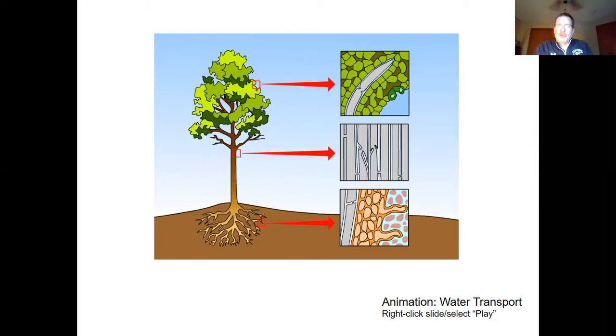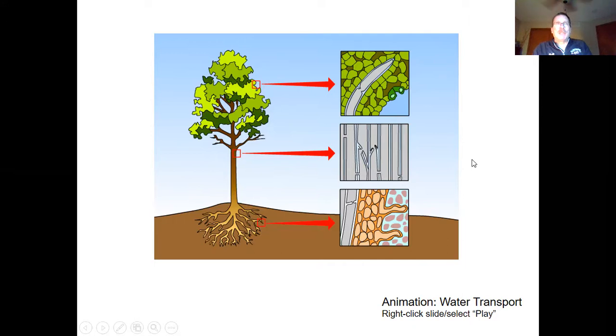And also, what helps pull them up, and this is how you get to the top of the redwoods, you've seen that meniscus in the graduated cylinder, that's the adhesion to the sides. So between sticking to the sides and getting pulled up from the water that's leaving at the top, the next ones are getting yanked up. There's a pressure dynamic in there.